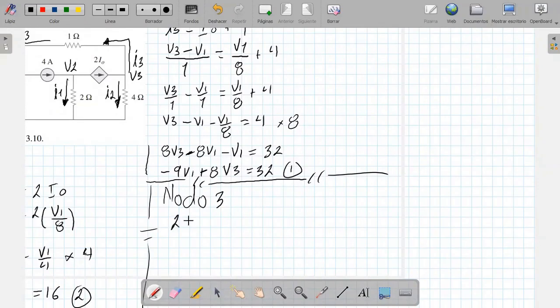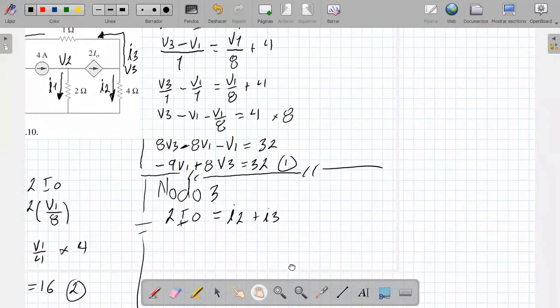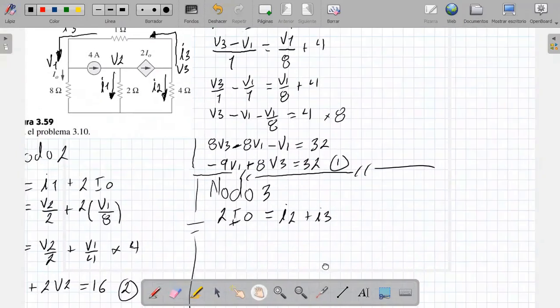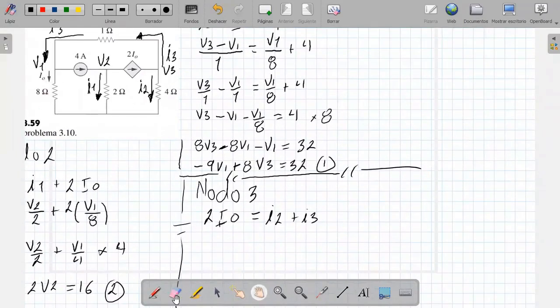But I sub 0 is the current that comes from here, so 2 times V1 over 8 is equal to I2, which is going to be V3 over 4, plus I3, but I3 is V3 minus V1 now.